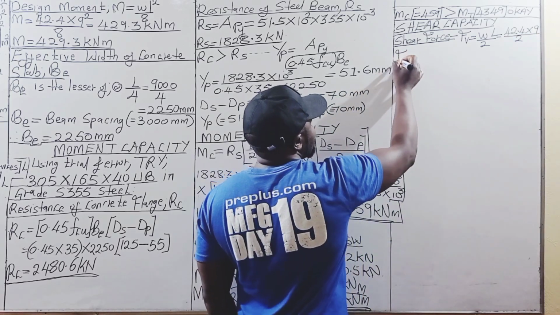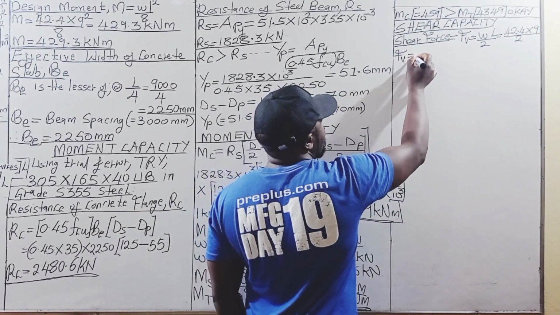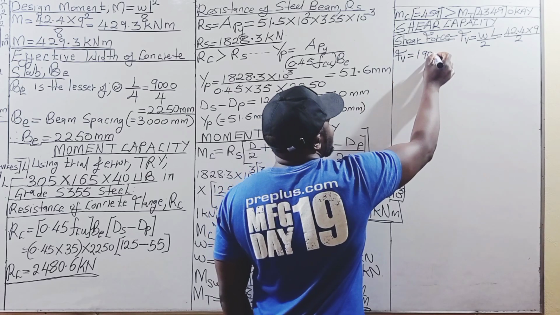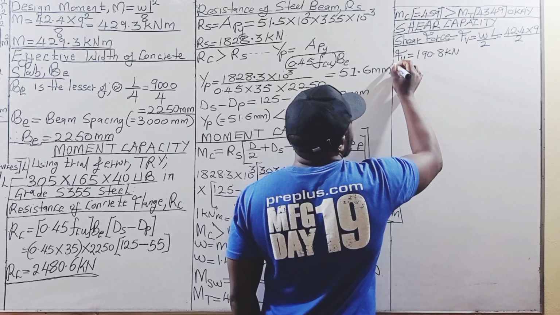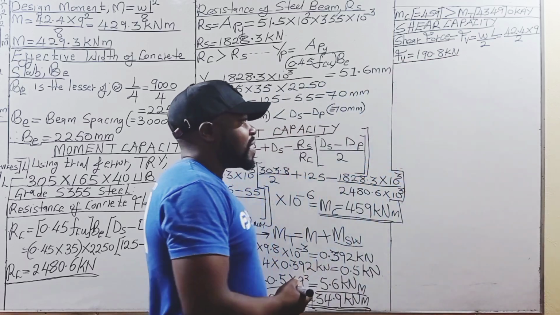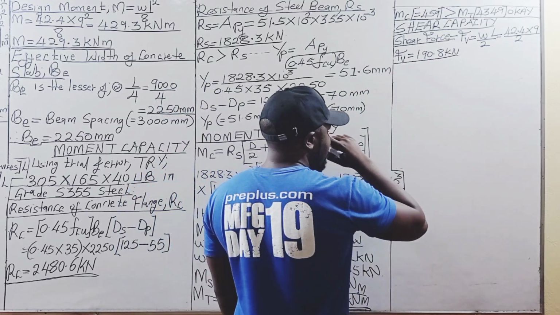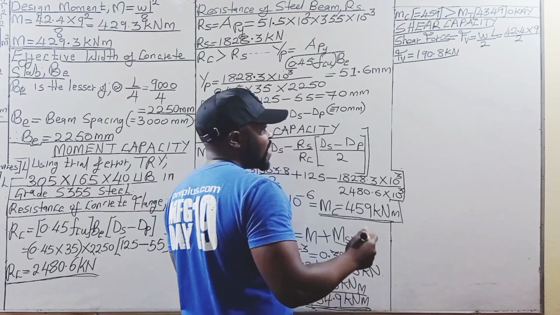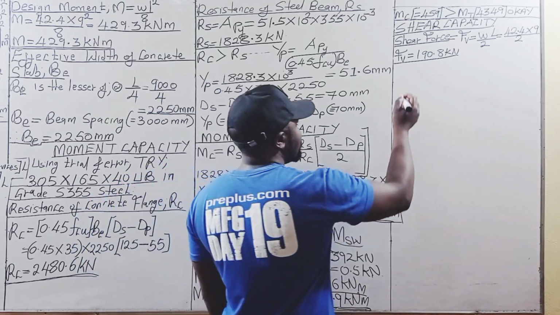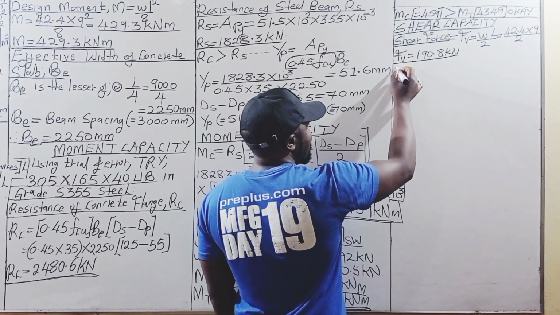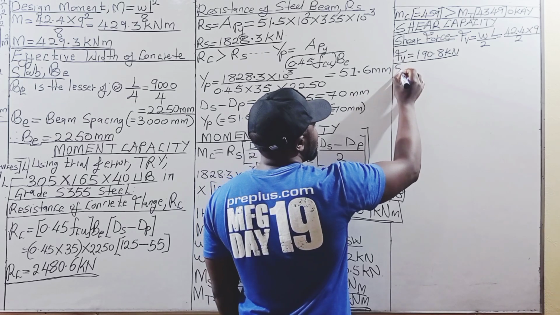And that is going to give us a shear force of 190.8 kilonewtons. This shear force of Fv should be less than the shear resistance of the section. Therefore, we are going to determine the shear resistance.